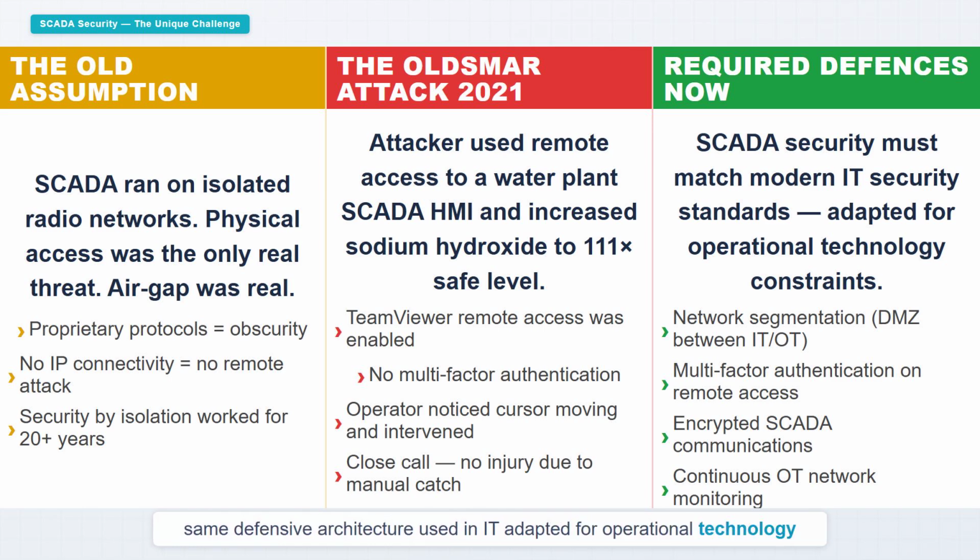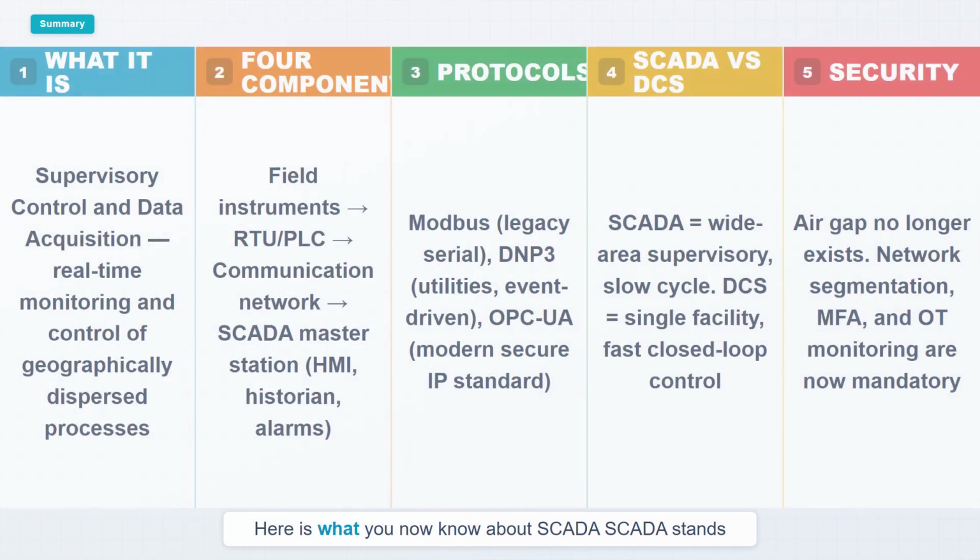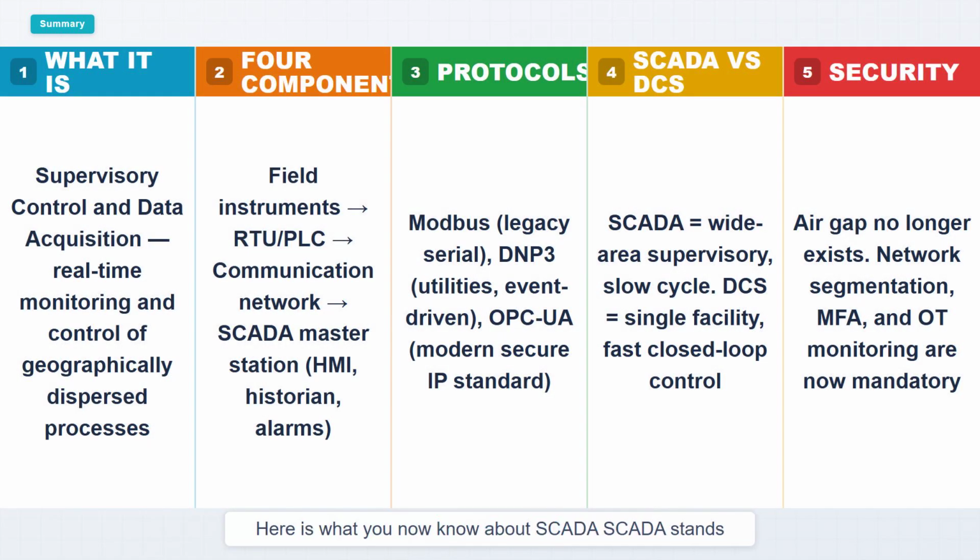Here is what you now know about SCADA. SCADA stands for Supervisory Control and Data Acquisition. It provides real-time monitoring and control of geographically dispersed industrial processes. The 4 components are field instruments, RTUs or PLCs, a communication network, and the SCADA master station.